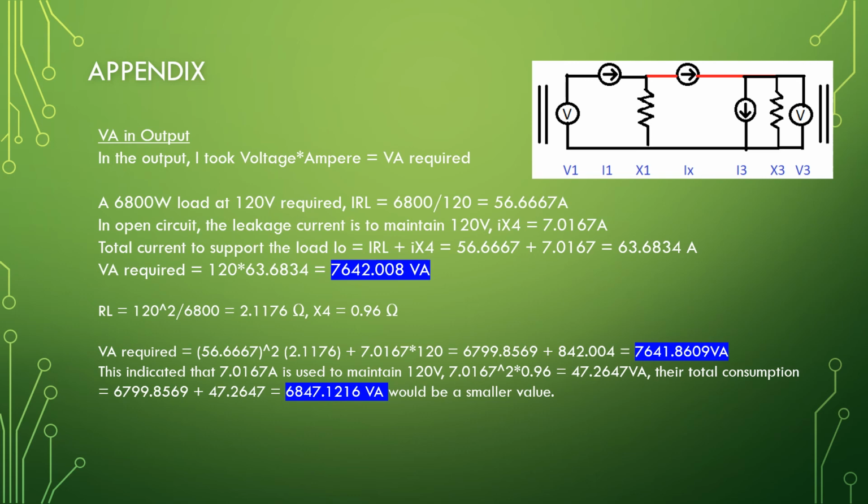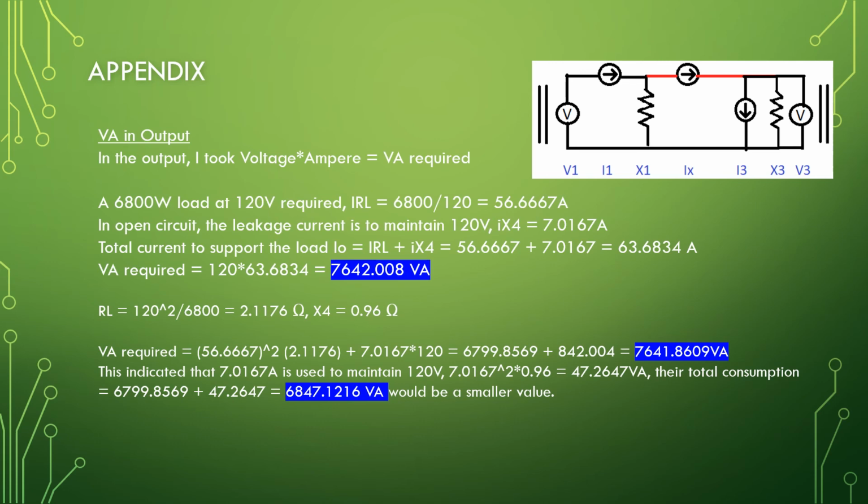VA required equal to 56.6667 squared times 2.1176 plus 7.0167 times 120 equal to 6,799.8569 plus 842.004 equal to 7,641.8609 VA.